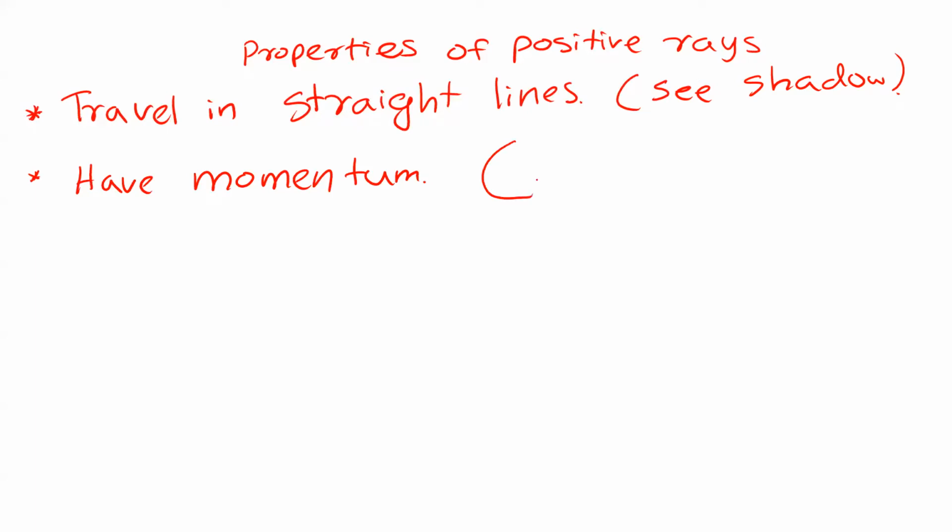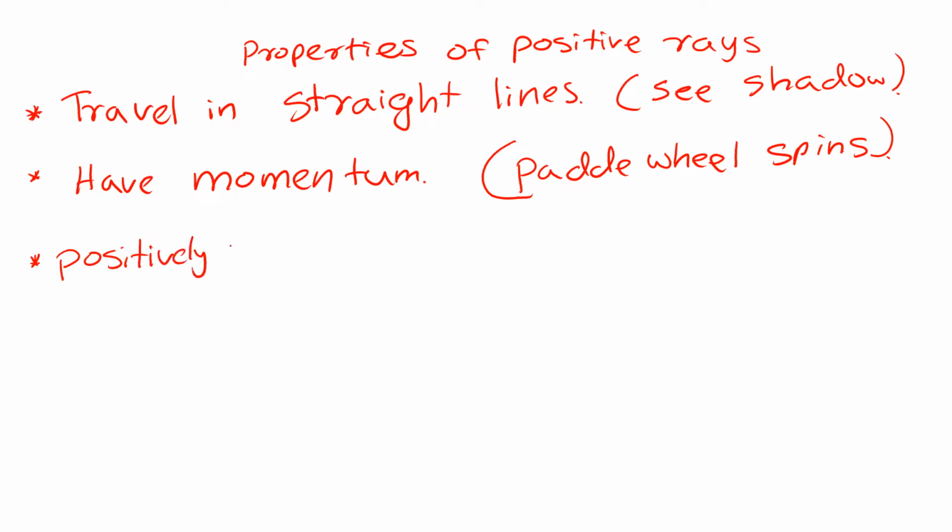How did they find out? With the experiment with a paddle wheel. The paddle wheel spins. And also they know that the positive rays, or the anode rays, are positively charged. They did an experiment with charged plates, and the positively charged anode rays deflect towards the negatively charged plates.